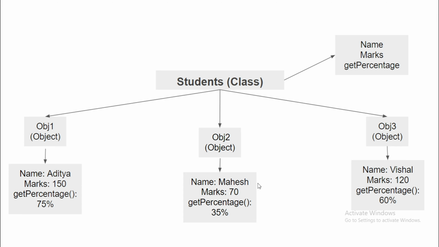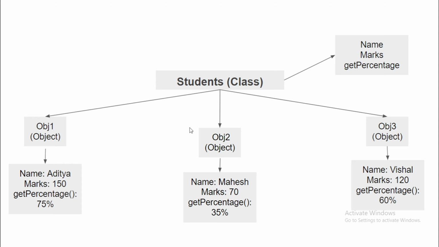In object 2 there is the value Mahesh, and in object 3 there is the value Vishal. Similarly for marks, these three are the marks for their respective person. And for get percentage, we are calculating the percentage for each one of them, but we are using the same template to do all these things.